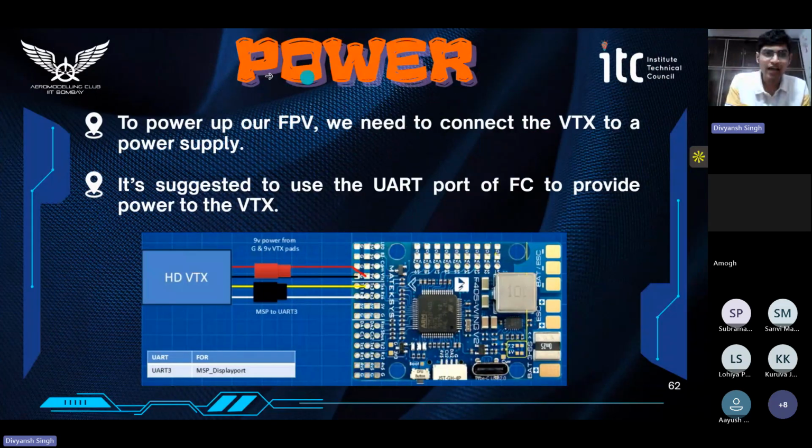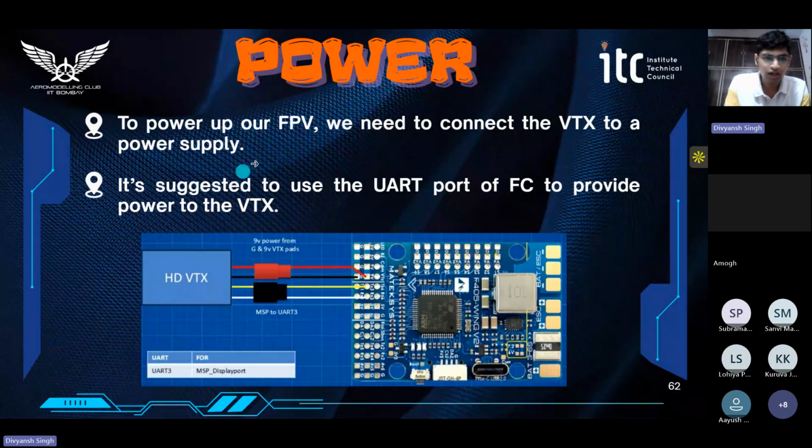Now let's look at how we can power up our FPV setup. To power up your FPV setup, you generally need a 6 or 9 volt power supply. It is advisable not to connect it directly to any power supply, but to connect it directly to a battery. It is also very advisable to connect it to the 9 volt port on your flight controller.